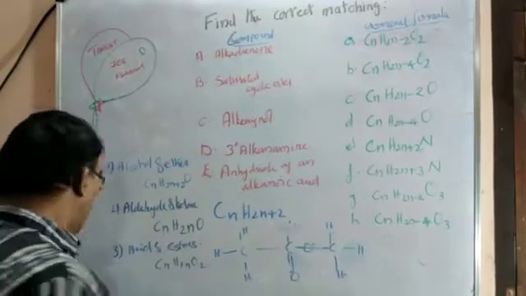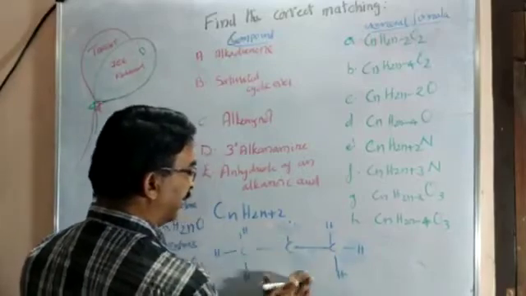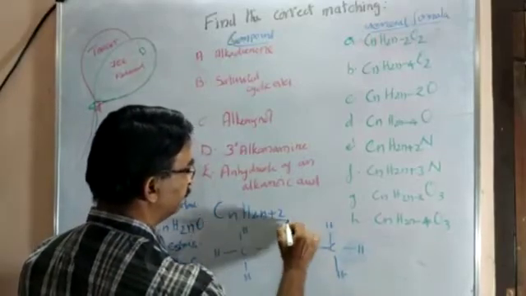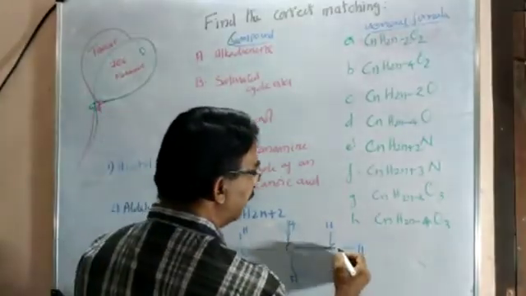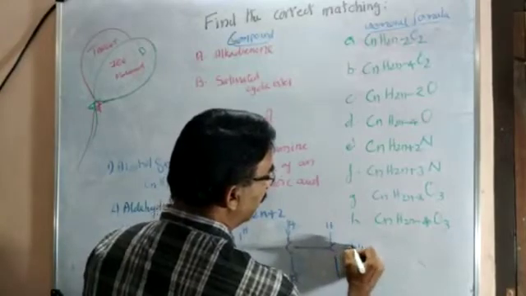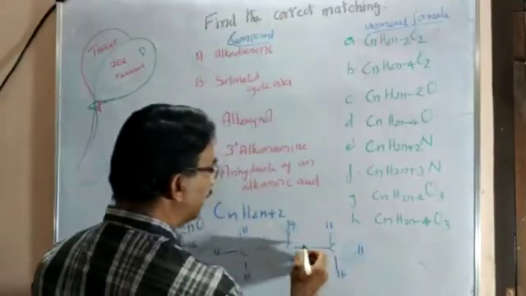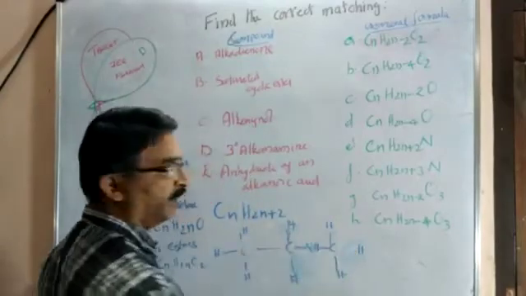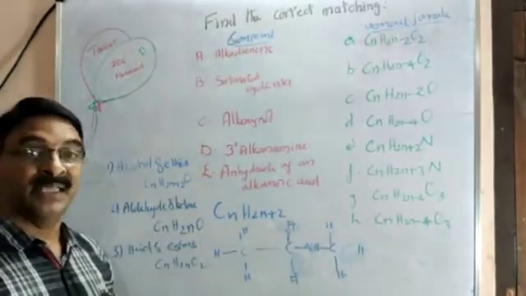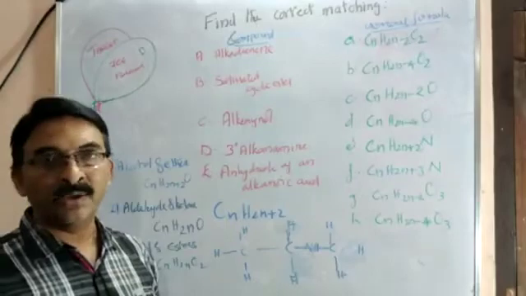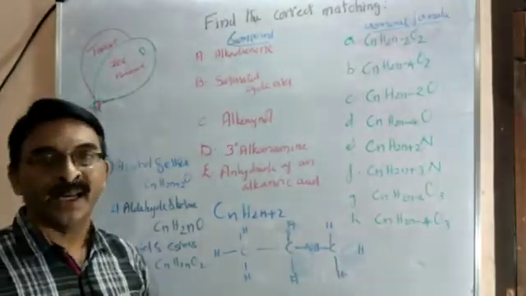Okay. Now, an amine. Coming back to the parent alkane. If you insert an NH in between any CH, you have a primary amine. If the same insertion is done in between two carbons, you have a secondary amine. If you insert a nitrogen in a junction of three carbons, you feel you are inserting only one nitrogen, but in effect you are inserting an NH.